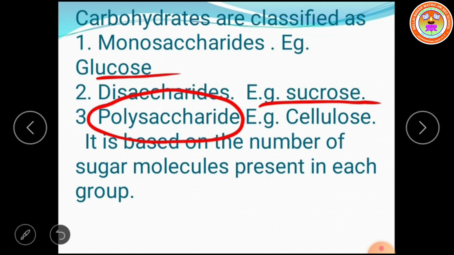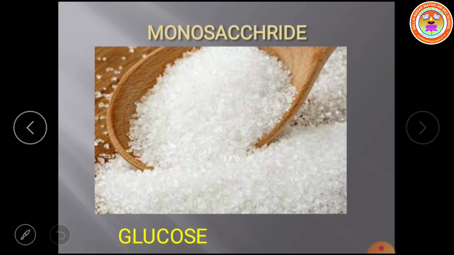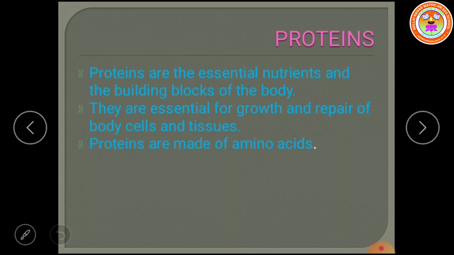In the plant cell wall, the polysaccharide seen is called cellulose. In the secondary wall, lignin, pectin, and hemicellulose are some of the polysaccharides. Okay, children, so we discussed different types of carbohydrates based on the number of sugar molecules present in them. Now let us continue with monosaccharide, glucose, followed by proteins.